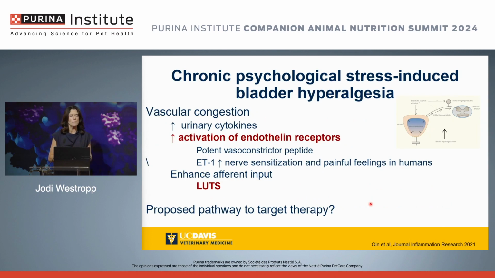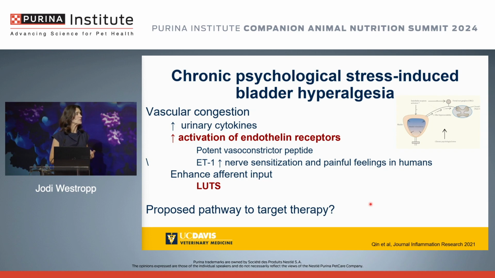In this paper, this was one that, again, used that similar water avoidance stress model to look at bladder hyperalgesia. And what they found in this is that, again, using that, they had vascular congestion in the bladder, and an increase in urinary cytokines came about. Then they found that there was increased activation of the endothelin receptors.